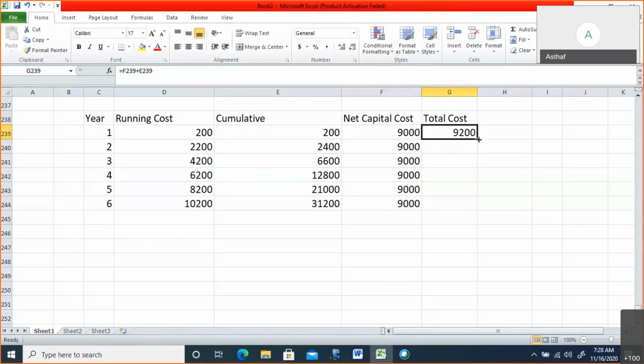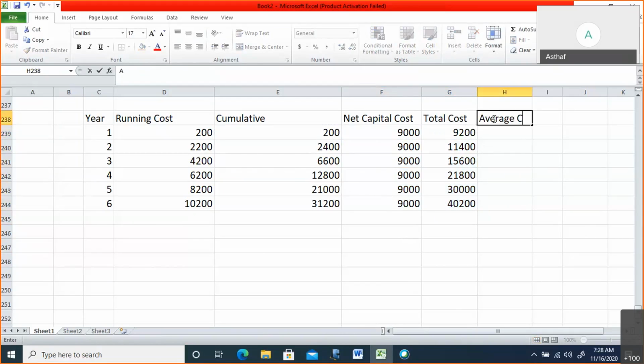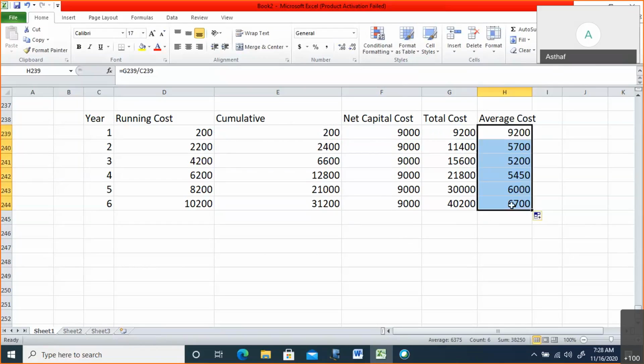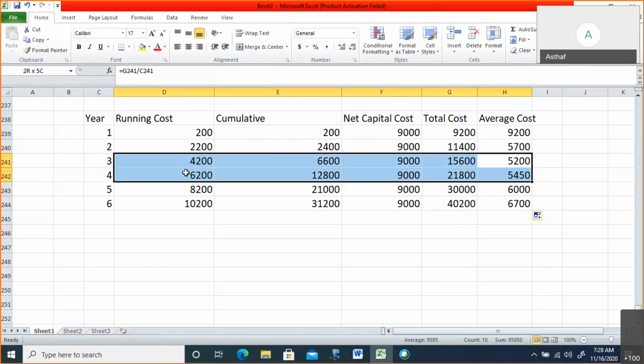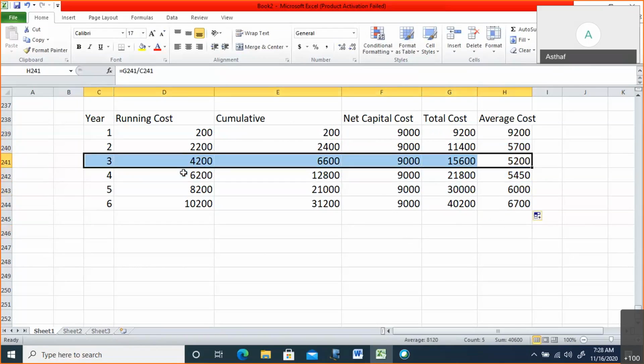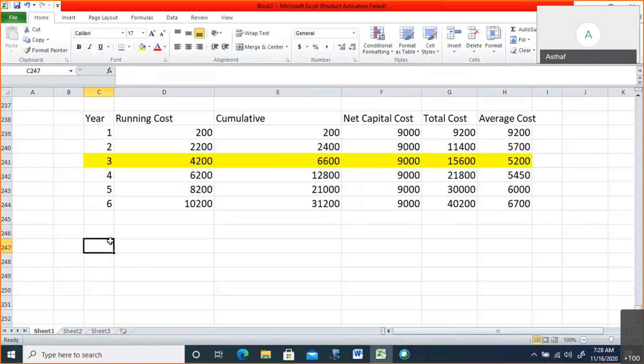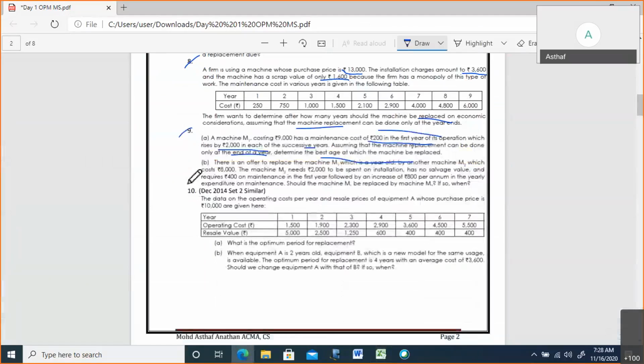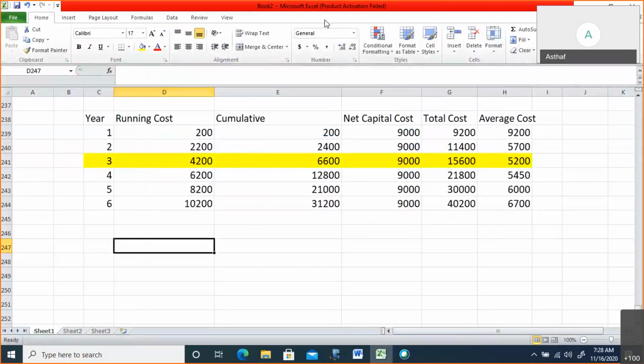See, look here. So what is the average cost? The lower cost is compared, here it is. The same way, do B yourself.